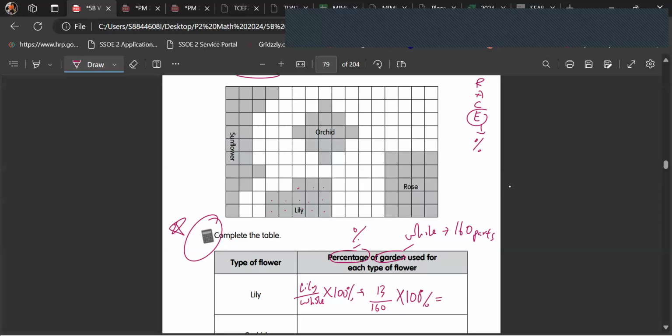Right? What's the answer? 13 out of 160 multiplied by 100%. What's the decimal? 8.125%.